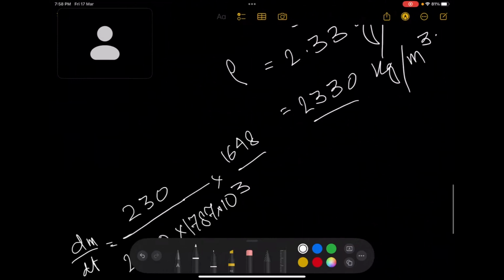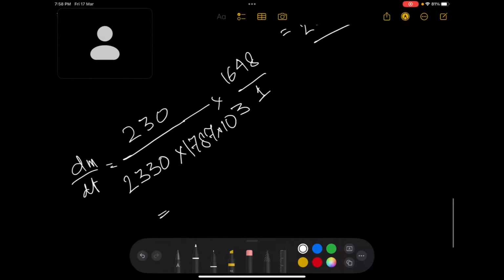So just do that calculation and find out how much it becomes. It almost becomes 379040 divided by 2330 times 1787, which is almost equal to 4163710.